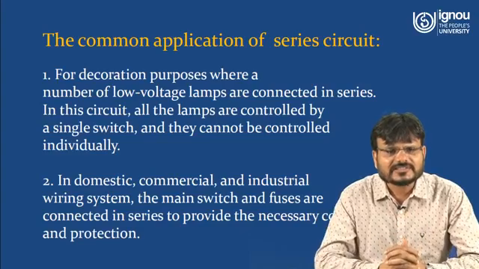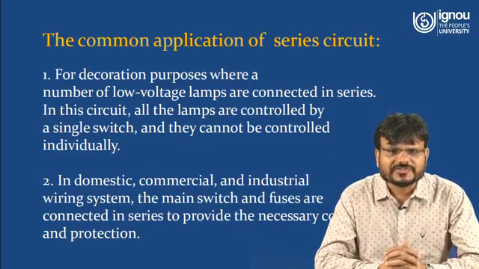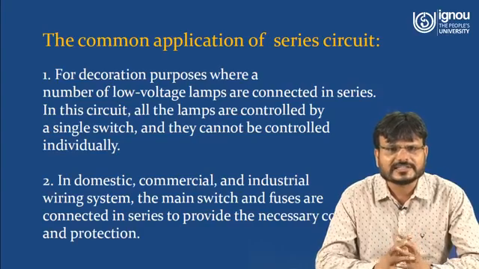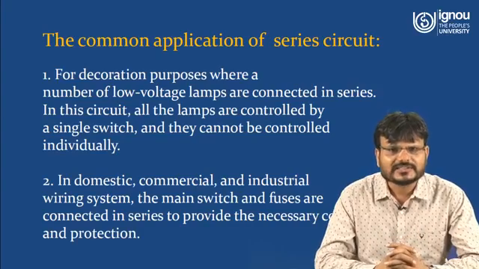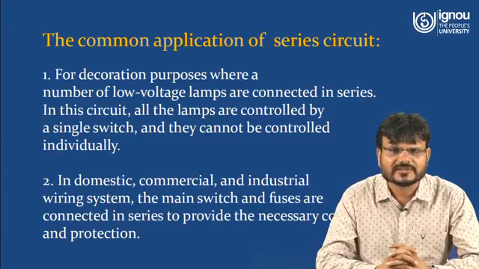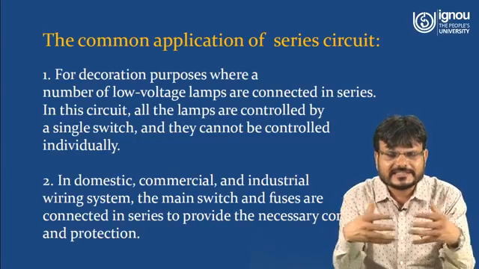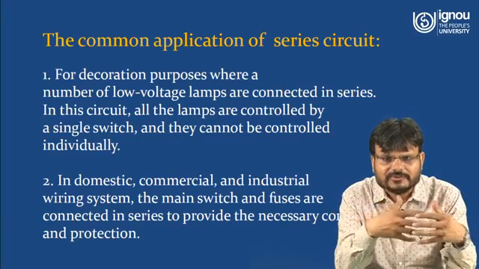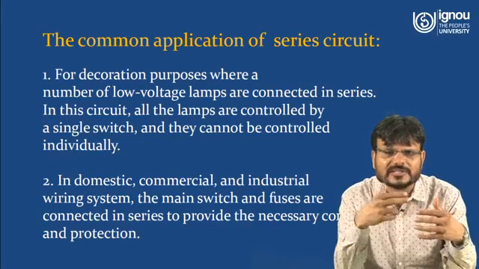The second application is in domestic, commercial and industrial wiring systems, where the main switch and fuse are connected in series to provide the necessary control and protection. Because if it is connected in series, whatever current flows through the circuit will also pass through the fuse.